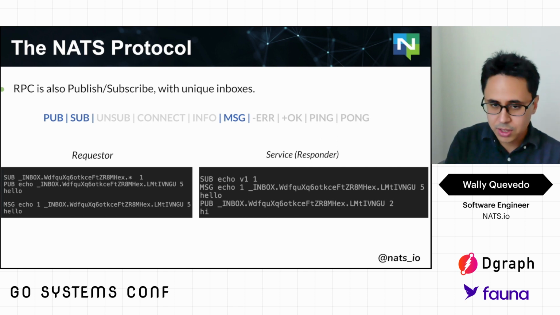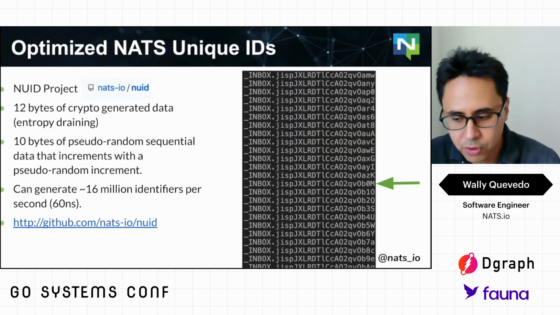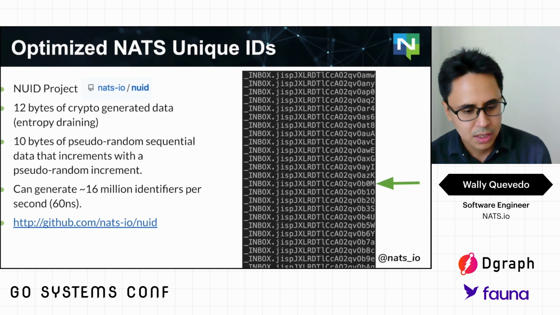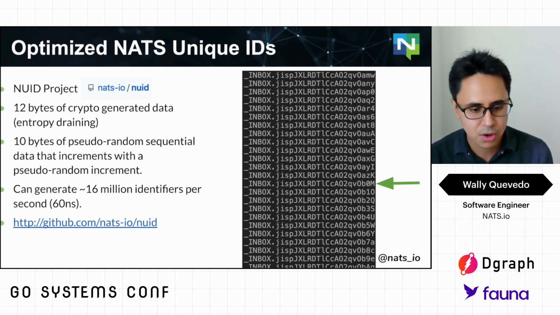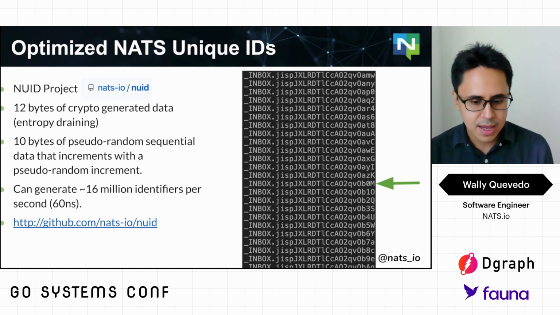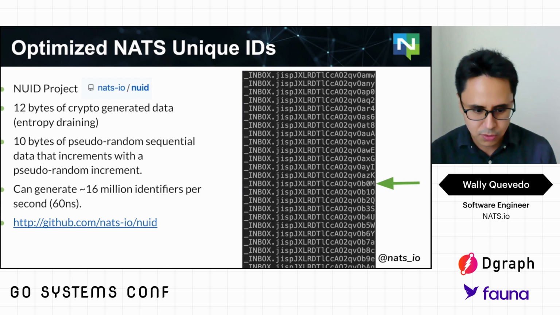For this unique inbox generation, we needed it to be very high performance, so we're using a project called NUID. You can find it on NATS.io as nats-io/nuid. It uses 12 bytes of crypto data, so it gets some bytes from random, and then the next segment of the ID has pseudo-random incremental jumps.